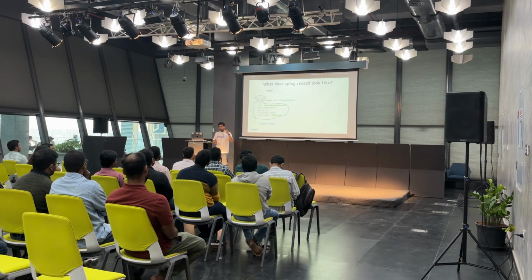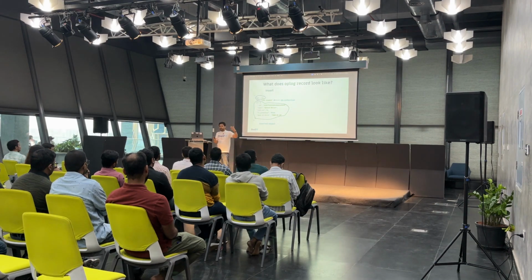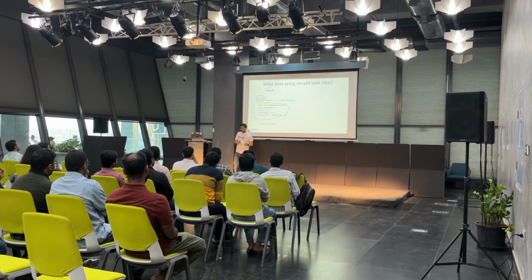There is op equal to i, which says it's an insert oplog. There is the namespace, test.student, which means the database name is test and the collection name is student, so it's a db.collection combination. And the o part is the actual object, the student object that gets inserted in the student collection.